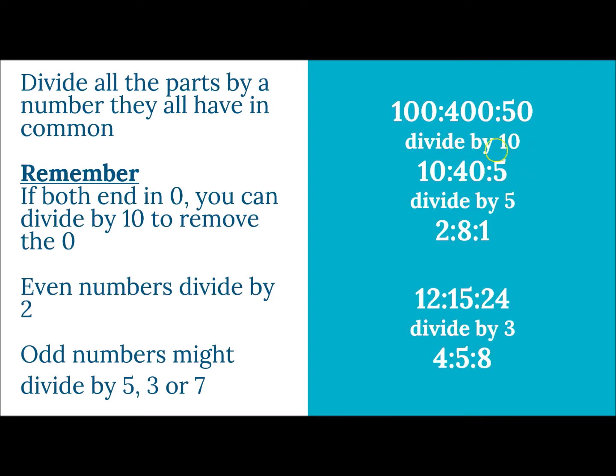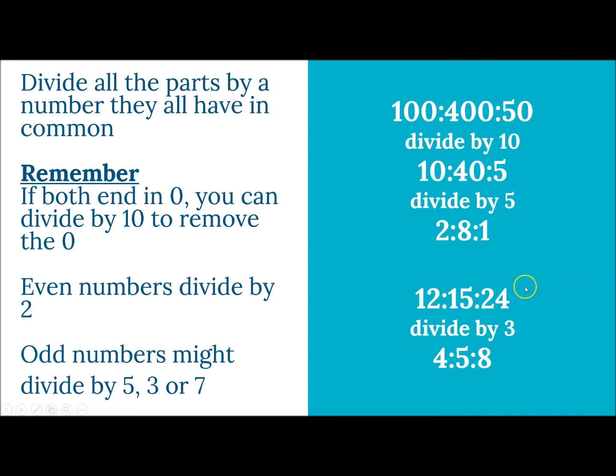Because all three of these numbers end in either 0 or 5, that means they're all divisible by 5. So 10 will divide down to 2, 40 will divide down to 8, and 5 will divide down to 1. Once any of the numbers has got down to 1, that means you stop. That is the simplest form of that ratio. Otherwise, you wouldn't know at what point to stop. You could just keep dividing forever.